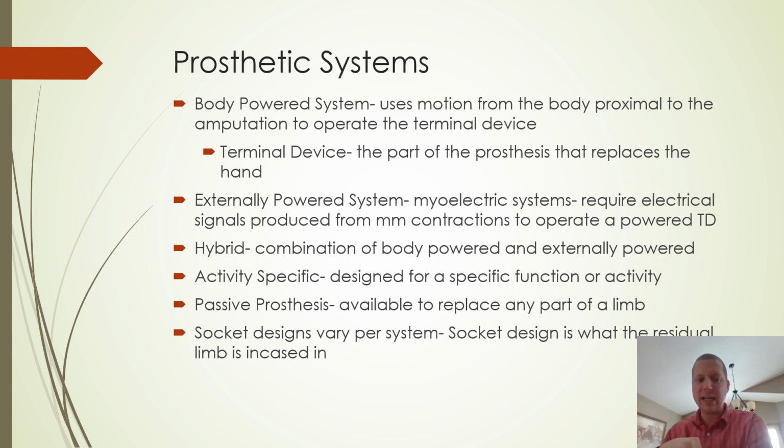Some sockets look a little bit differently in how they attach that terminal device also. They vary by system, and it's what that residual limb is actually encasing into. And then that terminal device would likely fit on the end.